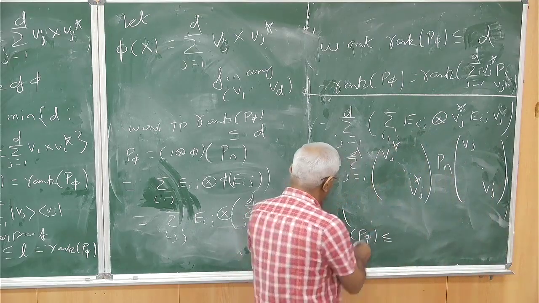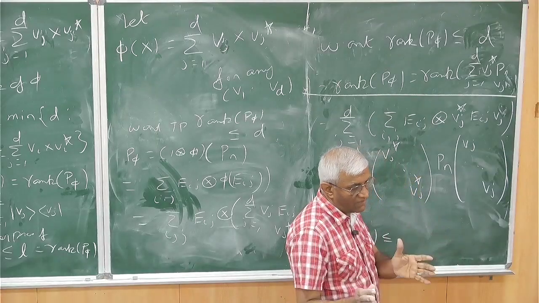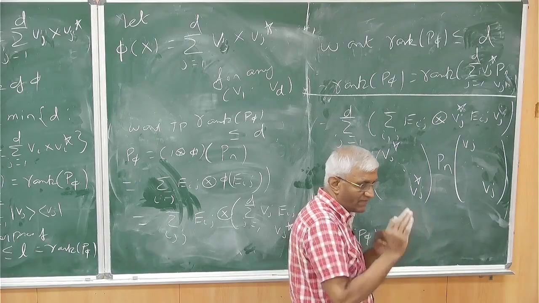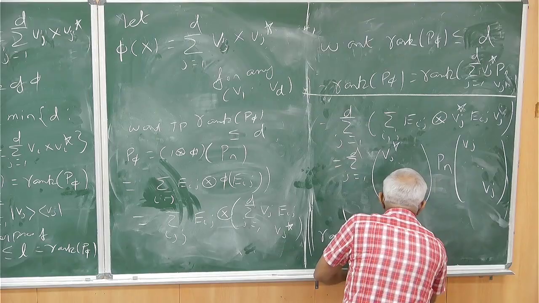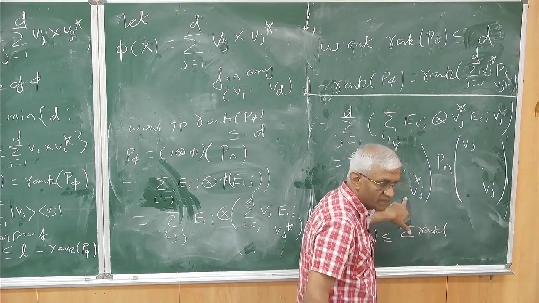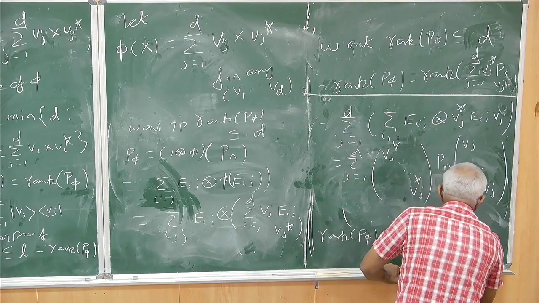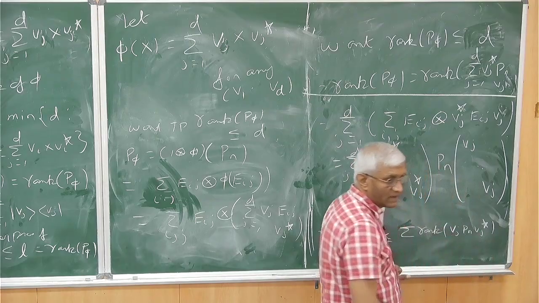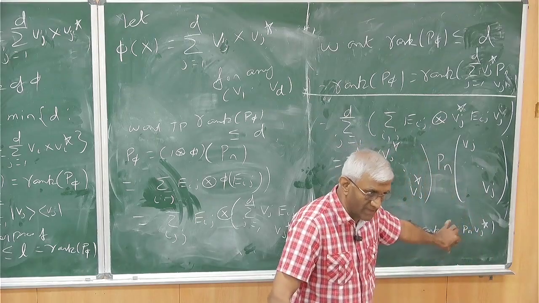So rank of P phi is less than or equal to the rank of a sum of matrices, which is less than or equal to the sum of the ranks of these individual matrices, the sum of rank of Vj, Pn, Vj star. Of course, rank of ABC is less than or equal to rank of B, where A, B, C are matrices.